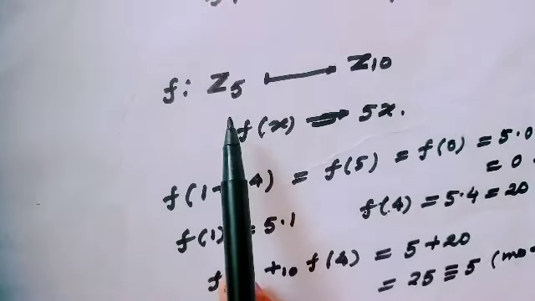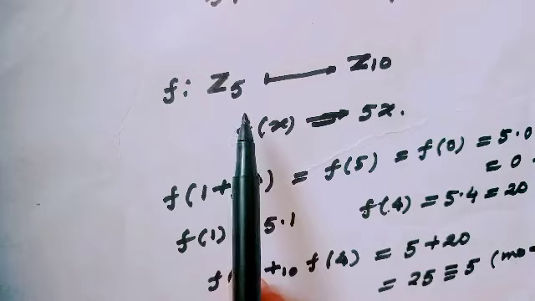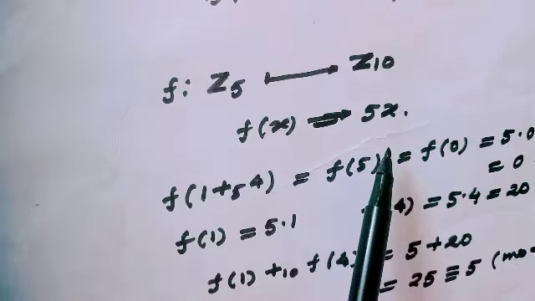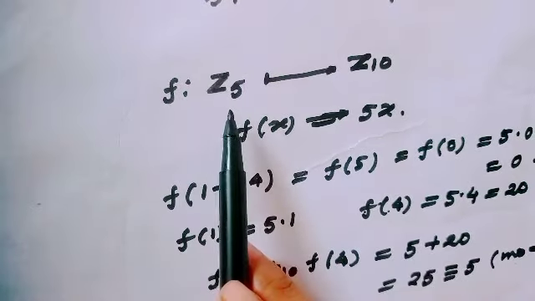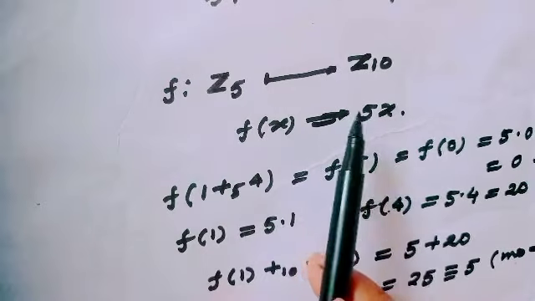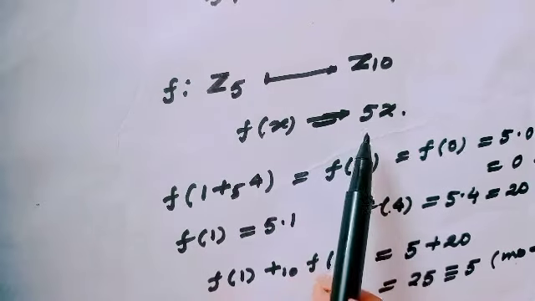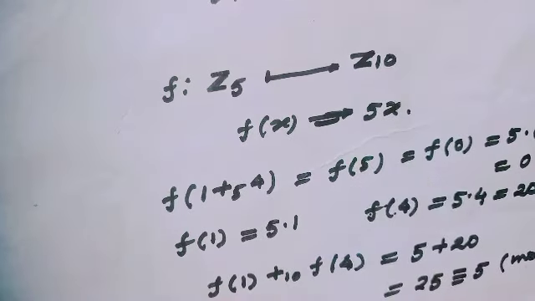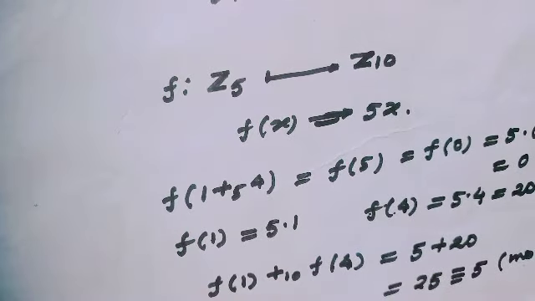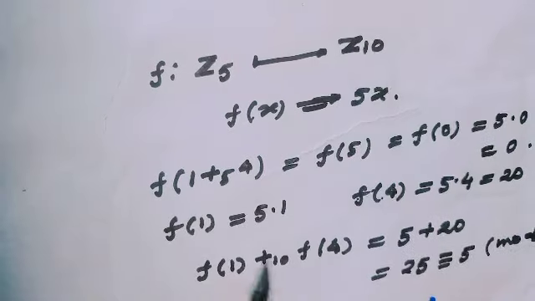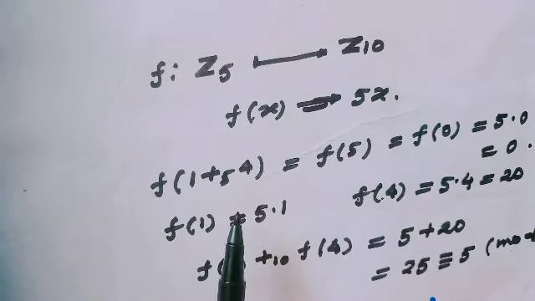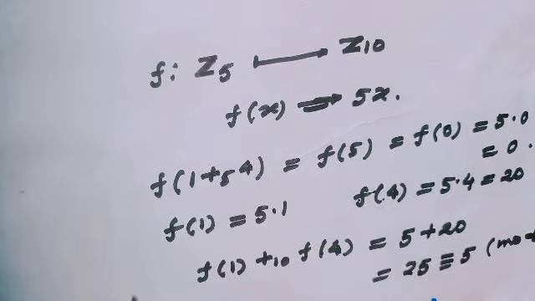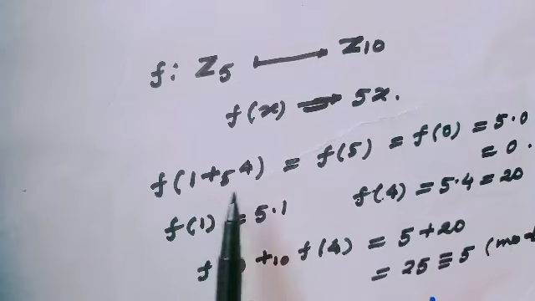But if we change the domain, with the same function, here the mapping is f from Z5 to Z10. Similarly, the mapping is defined as f of x equal to 5x. Let's verify, is it a ring homomorphism? Consider, for example, two elements 1 and 4 from Z5, and f of 1 plus 4.